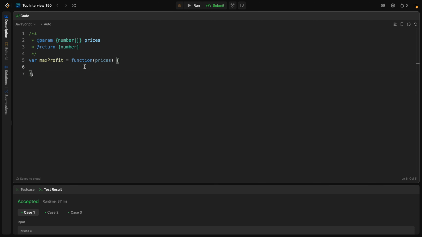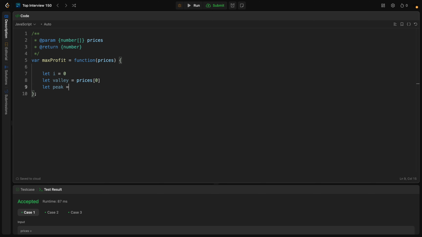Okay, so first I will create i with 0. This will be our pointer, which we're using as an index, and I will create a valley element. This will have the valley prices. I will start with prices[0] at the beginning, and I will have a peak.